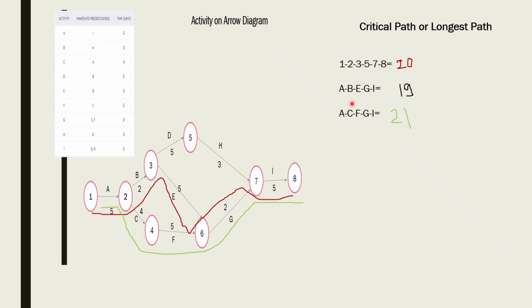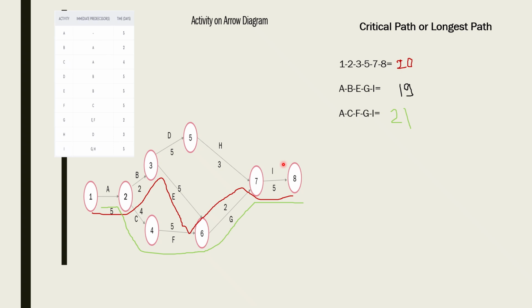But we write it in this format, ACFGI, in activity on node. In activity on arrow, you have to mention the numbers, and there also your longest duration path is 21, and here also your longest duration path is 21. So in this way, you calculate the critical path and the longest path based on the activity on arrow and activity on node diagrams.